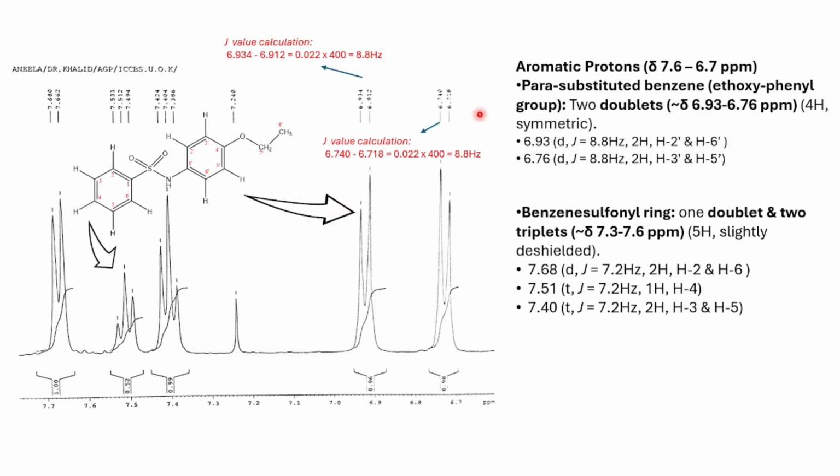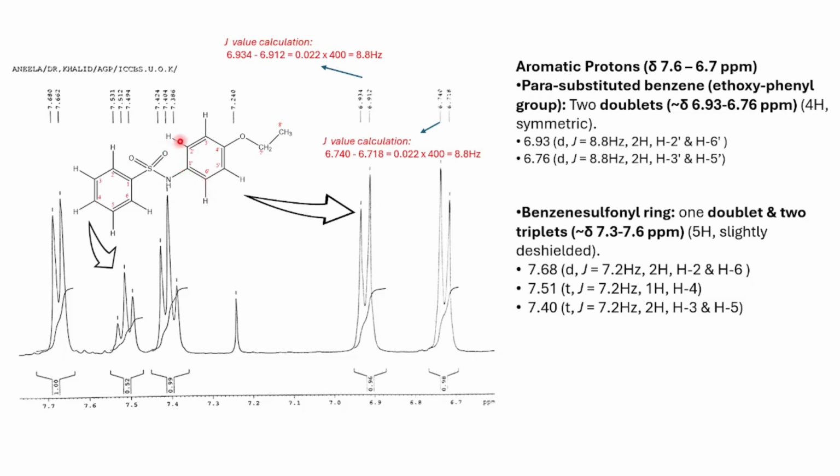Further, we will discuss the aromatic protons, which appear at 7.6 to 6.7 ppm, the para-substituted benzene, the ethoxyphenyl group. This one is the para-ethoxyphenyl group. Due to symmetry of the molecule, a signal appears at 6.93 as a doublet, J value 8.8 Hertz, 2 protons, H2 prime and H6 prime.